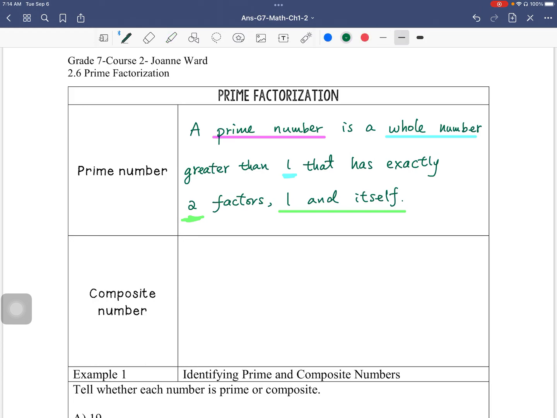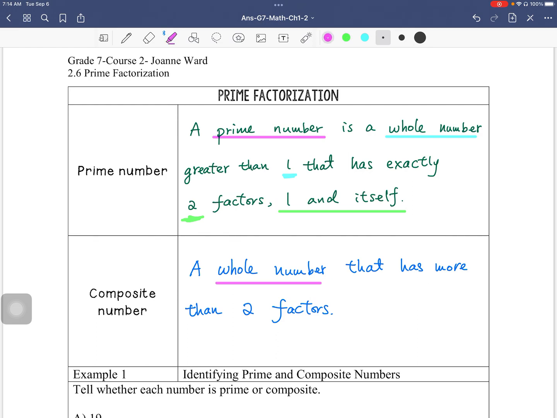So a composite number is a whole number that has more than two factors.